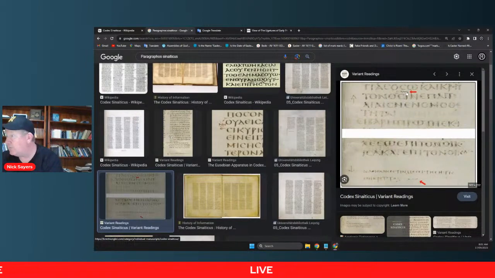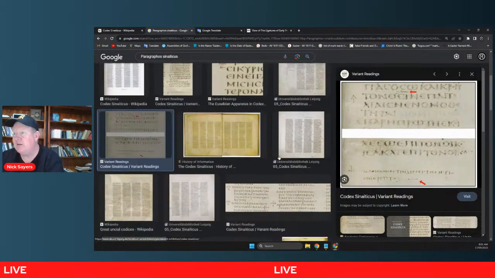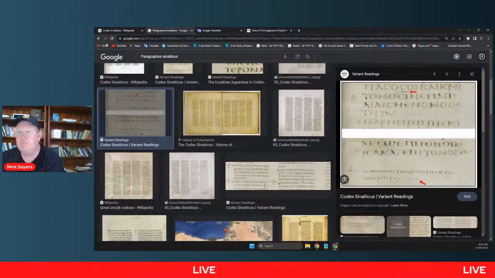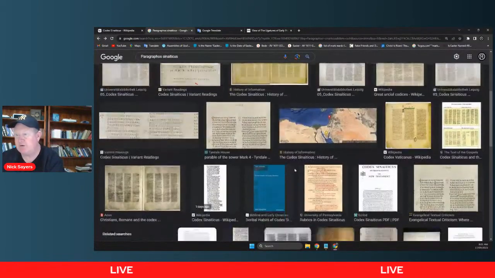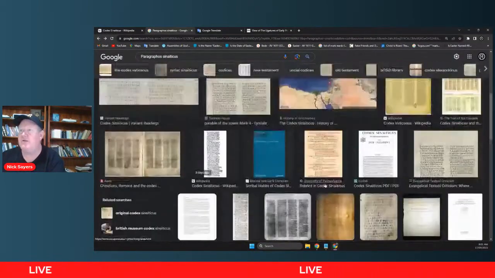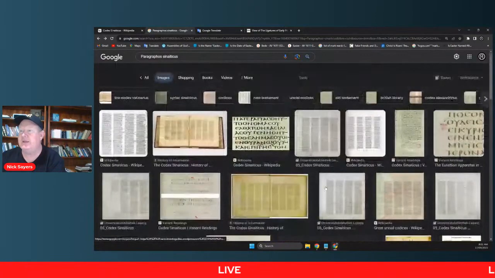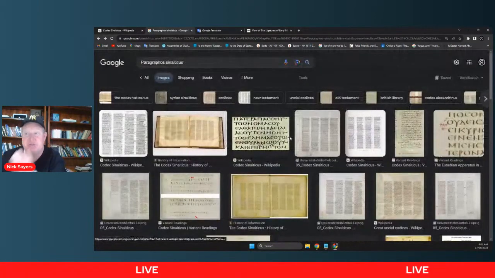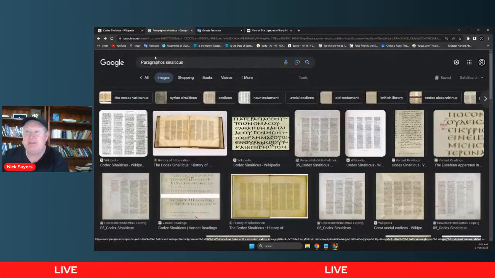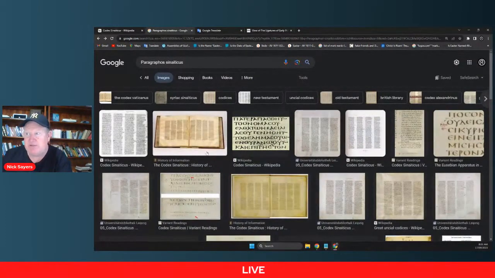That looks like a little word. Maybe it was to point to a certain marginal note or something, because it looks like a variant reading. I find Google isn't as accurate as it used to be. You used to be able to type in something like this and you would straight away get pictures of it. Now you get 15 choices and half the time it doesn't match up.